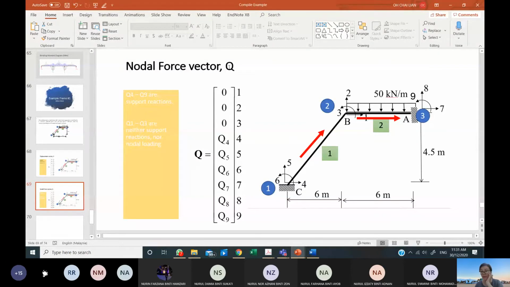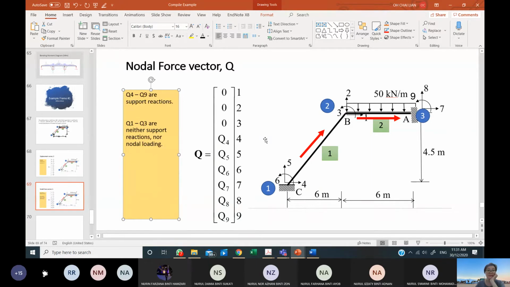And if you look at this problem, you don't have any. And you have a support reaction at number 4, 5, 6, which is at C, and also 7, 8, 9, which is at A. Therefore, Q4 to Q9 are all support reactions. Okay, do you get this also?